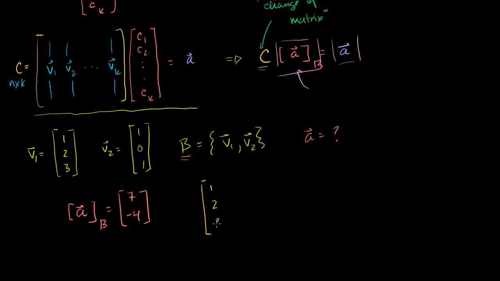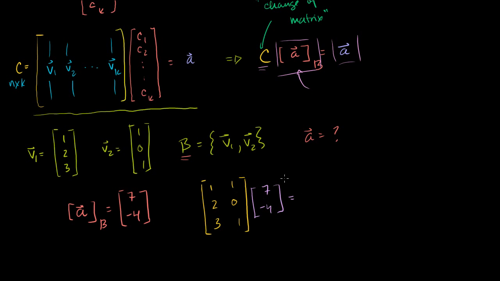So 1, 2, 3, and then 1, 0, 1. And if we multiply our change of basis matrix times the vector representation with respect to that basis, so times 7, minus 4, we're going to get the vector represented in standard coordinates.